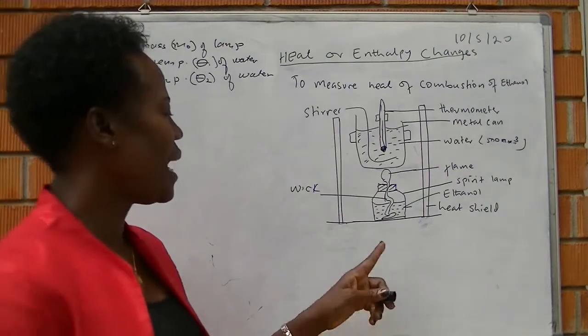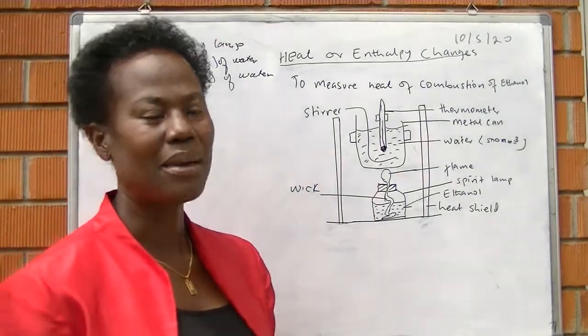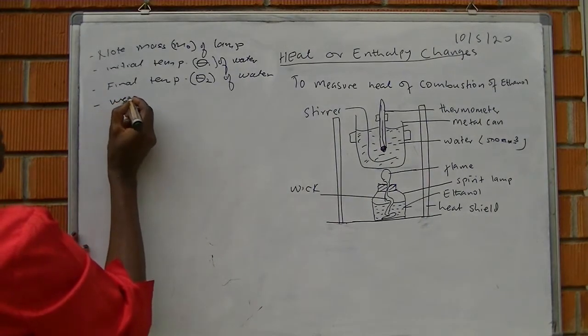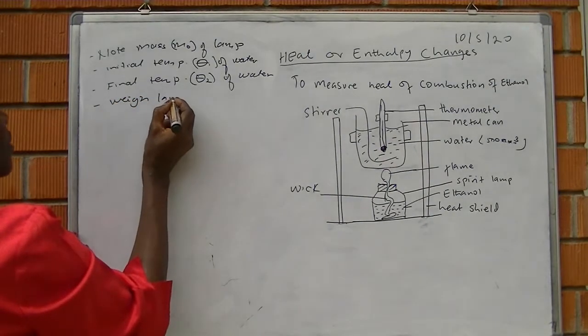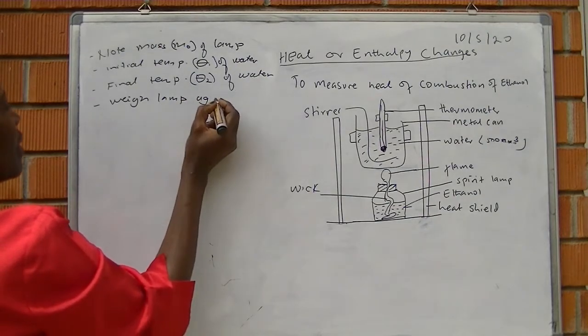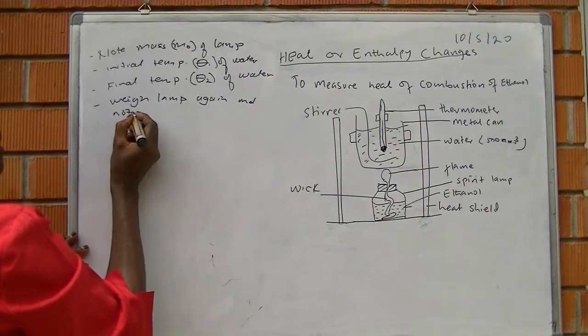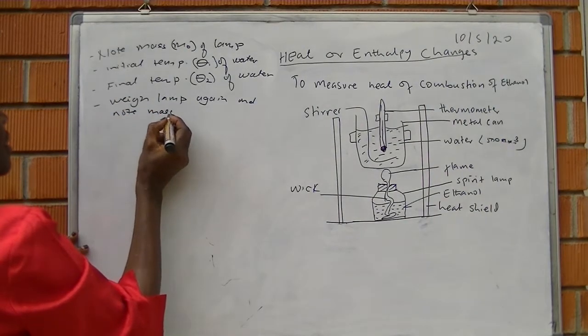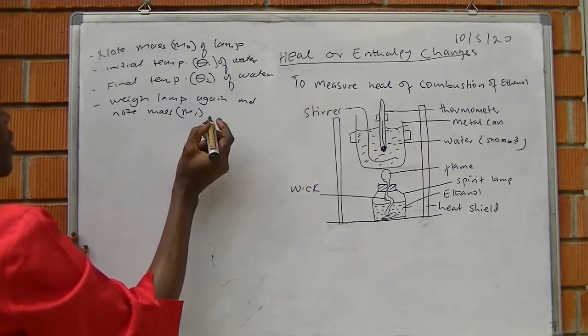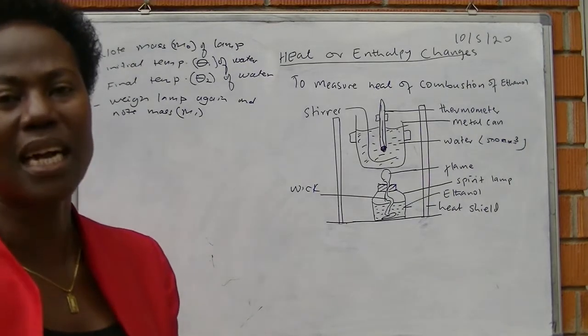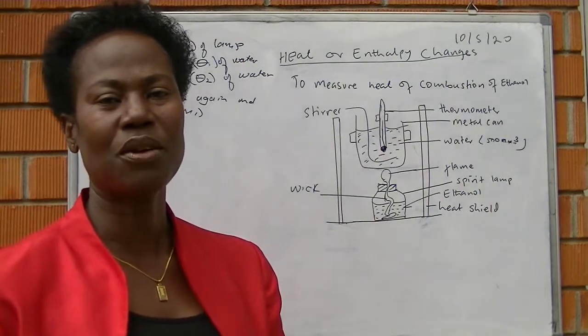Then you have to weigh the lamp again together with its content, and note the mass M1 of the lamp. You are going now to calculate the enthalpy of combustion of ethanol.